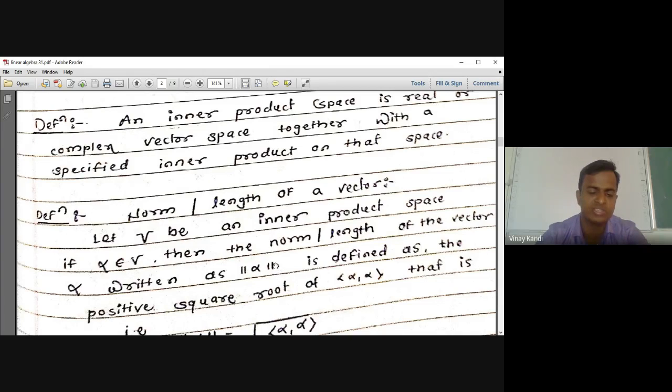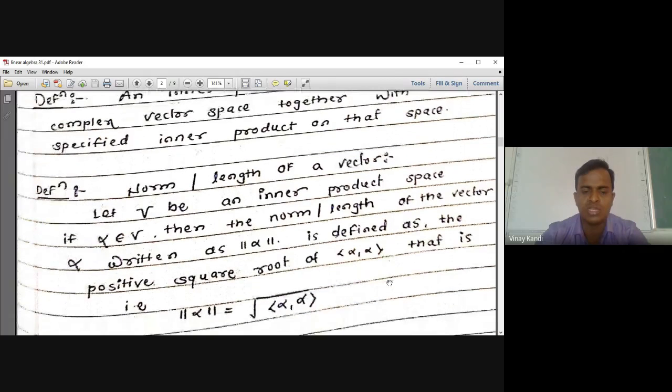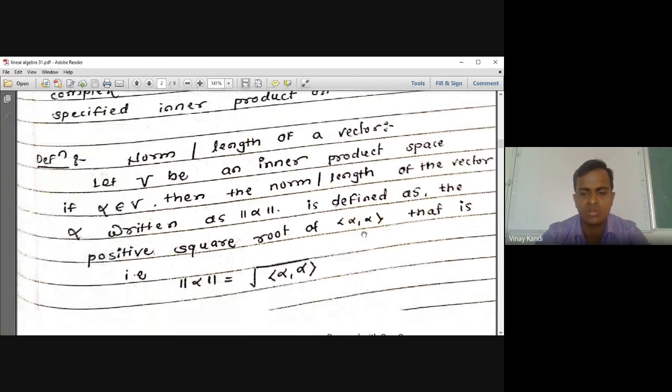What is norm? We have calculated it in the previous year, last year. Norm is nothing but the length of a vector from the origin. It is defined as the positive square root of the inner product of alpha with itself.